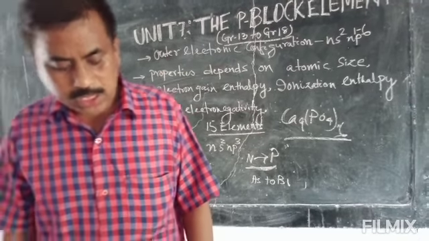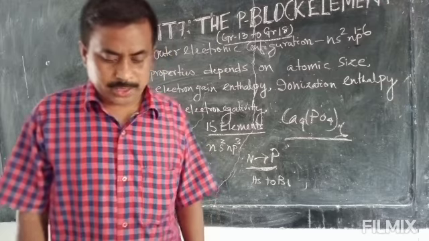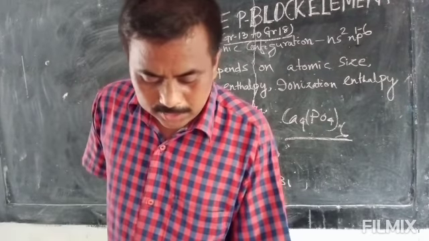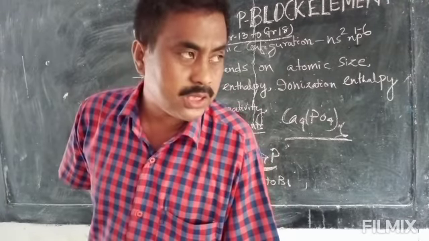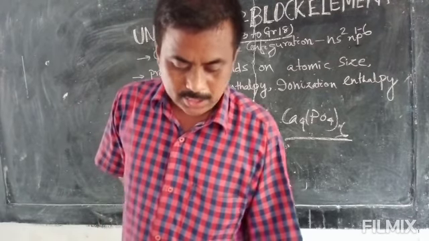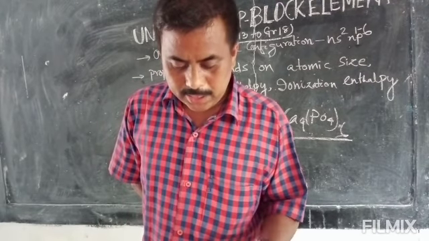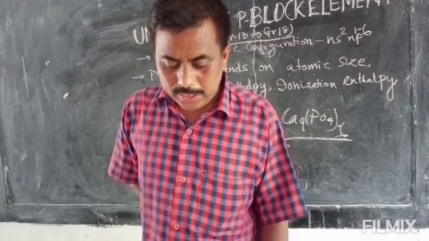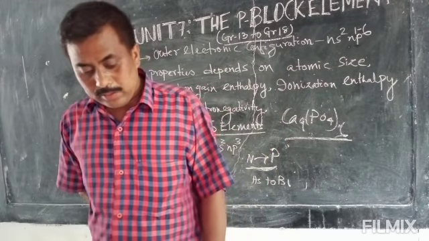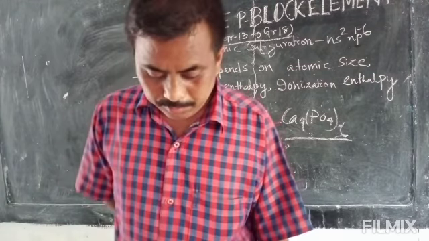Now we'll go to the ionization enthalpy. Ionization enthalpy decreases down the group due to the gradual increase in atomic size. That means if atomic size increases, then ionization enthalpy gradually decreases. Why does it decrease?